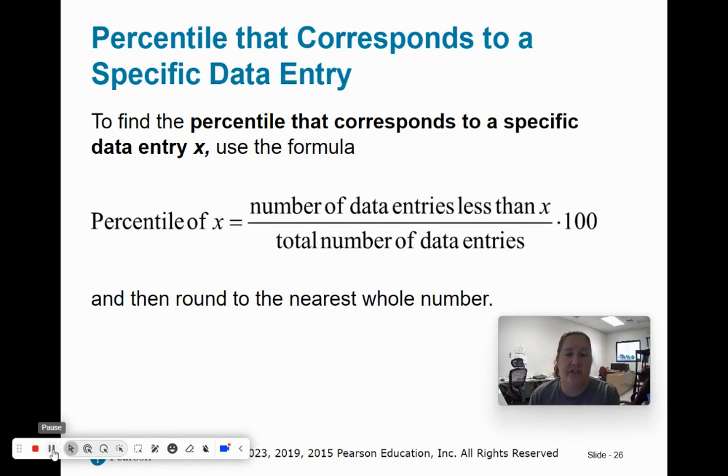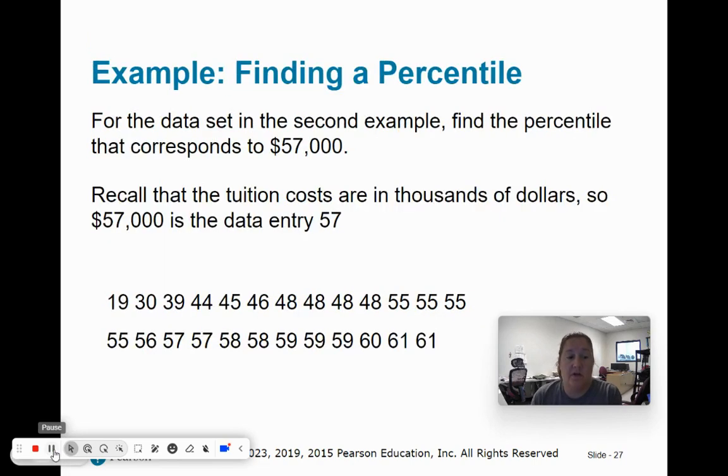If we need to find the percentile of a particular data entry, count the number of data entries less than what you're concentrating on, divide by the total number of data entries, your sample size, multiply that by 100, and round to the nearest whole number. Let's use 57 as an example from the tuition example. What would that percentile be?